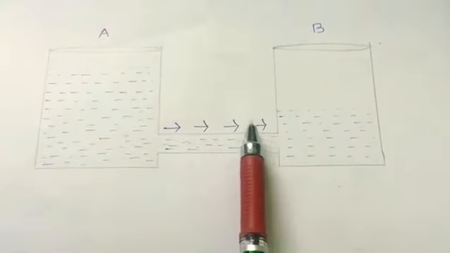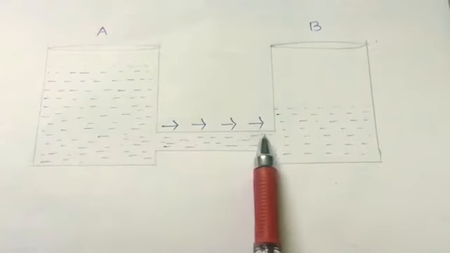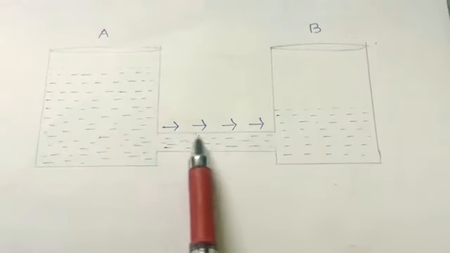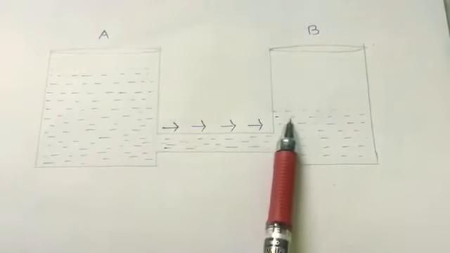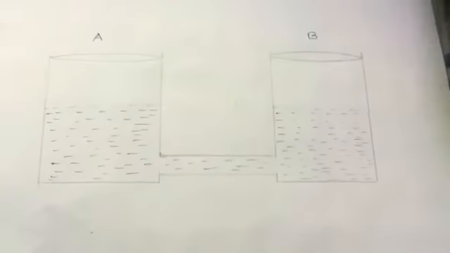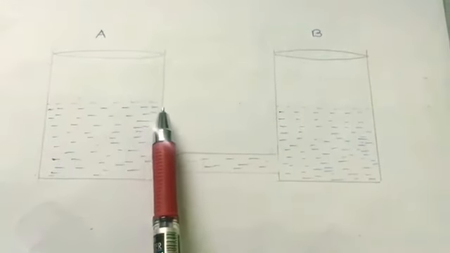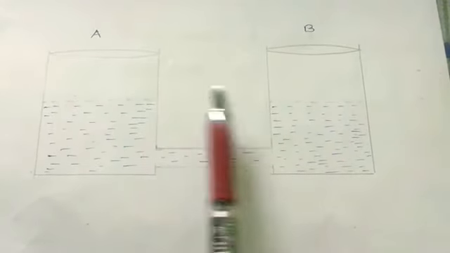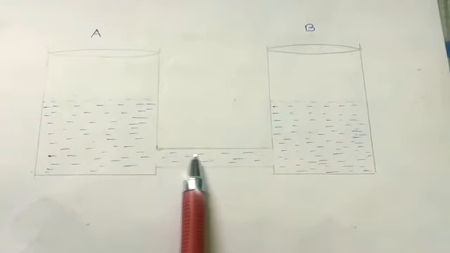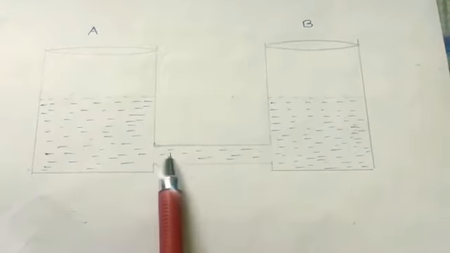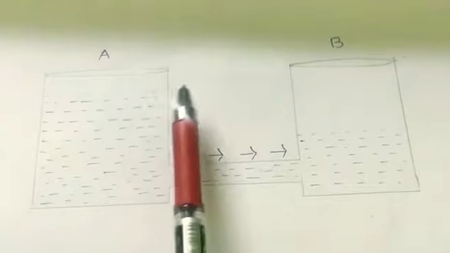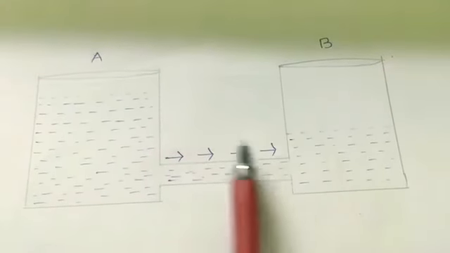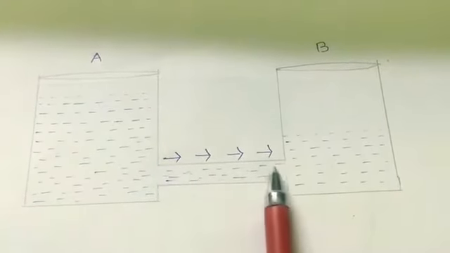Now this will continue flowing until this height and this height become the same. When the height of the water level is the same, then the flow of water is stopped. Thereby we can see that the water always flows from high to low.